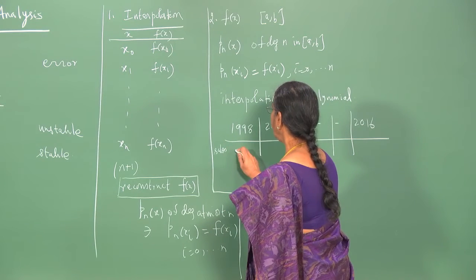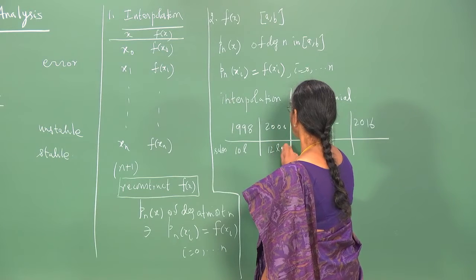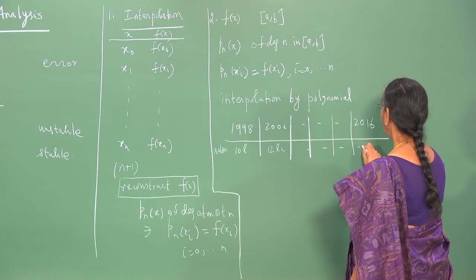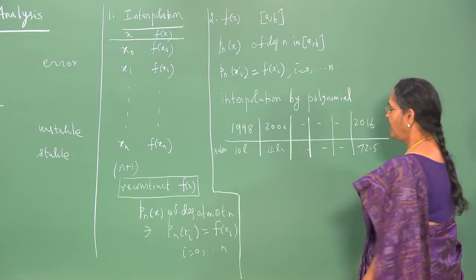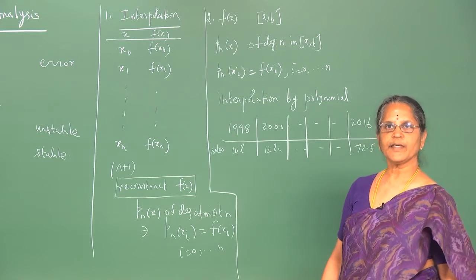Say it is some 10 lakhs, this becomes 12 lakhs and so on. So, it has increased by, say, 72.5 lakhs in these years.